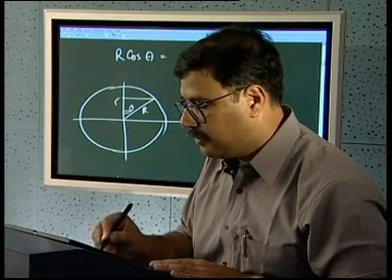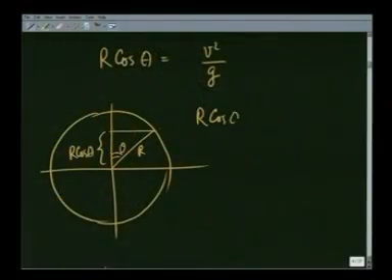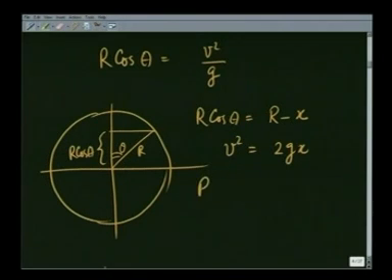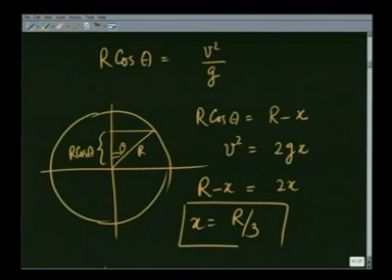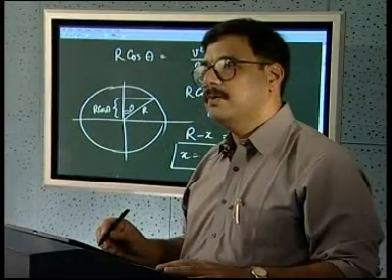So, this is r cosine theta, and you see that r cosine theta is equal to r minus x, and we have already calculated that v square is equal to 2 g x, and therefore, I have r minus x equals 2x, or x equals r over 3. So, when it travels down a distance of r by 3, it is going to fly off the sphere.